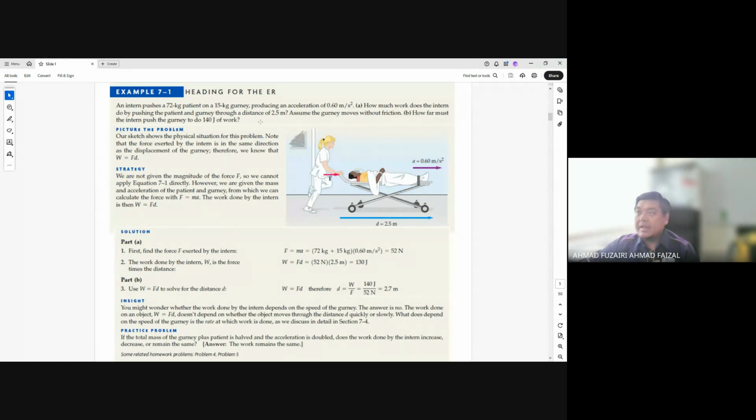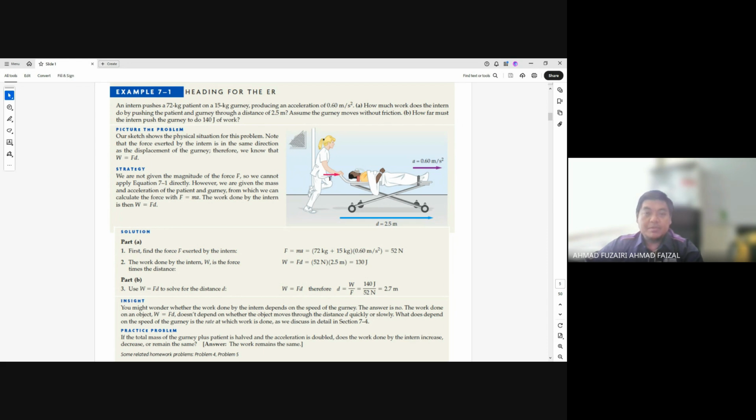So 72 is the mass of the patient on the stretcher, and 15 kilogram is the gurney. Both of them combined, 72 kilogram and 15 kilogram gurney, multiplied with the acceleration, give the force.